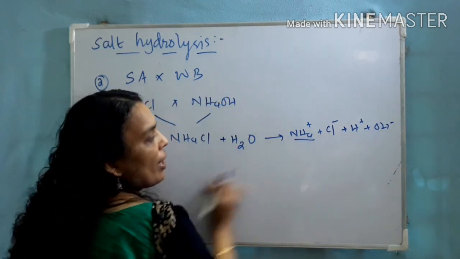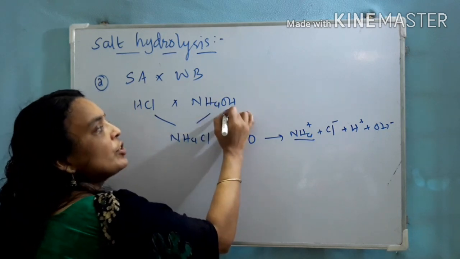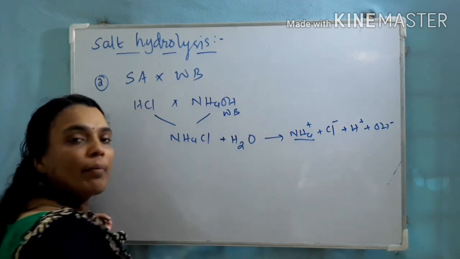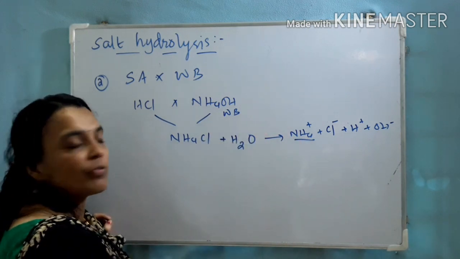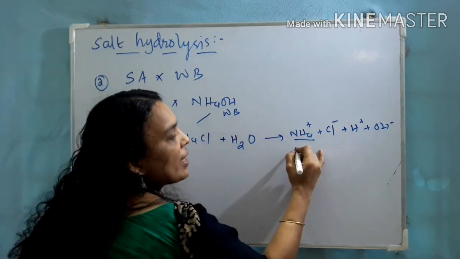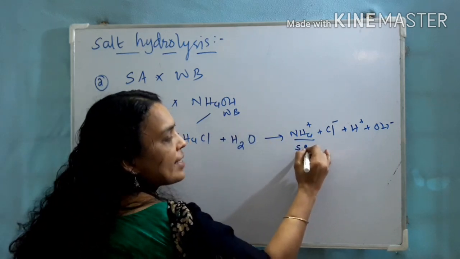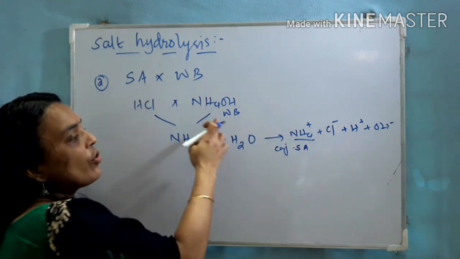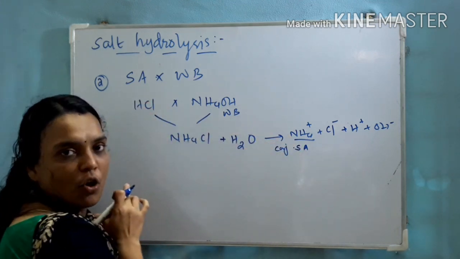Here the ammonium ion comes from a weak base, so it is the conjugate acid of a weak base, so it is a strong acid.